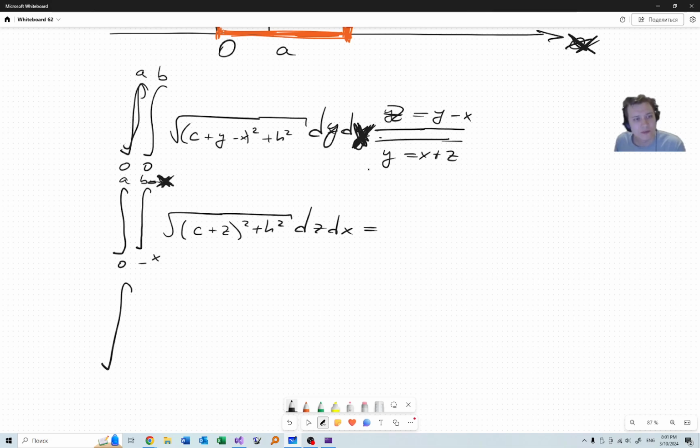So the minimum possible number here is minus a, the maximum possible number here is b, and then the second integral is from 0.